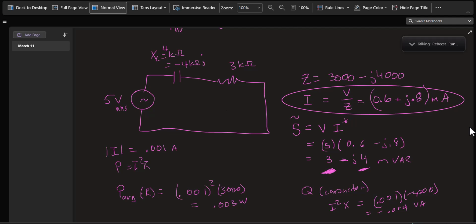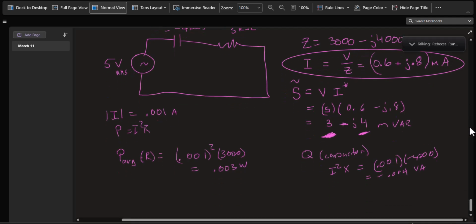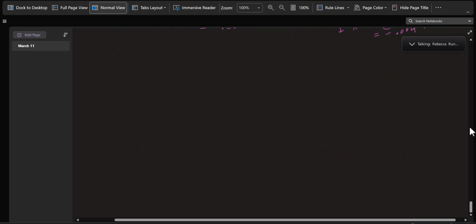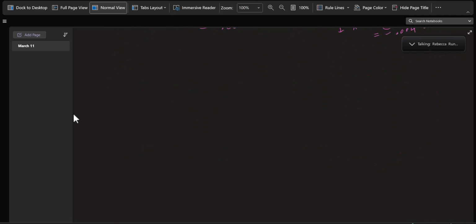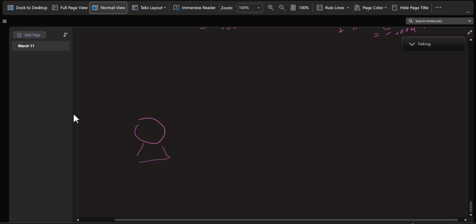Does anyone remember what our horsepower was? It was 90 horsepower, yeah. Okay. So, do one more problem. Let's take our same alternator. This is problem 12. Our same alternator. And we've got 480 volts at 60 hertz.